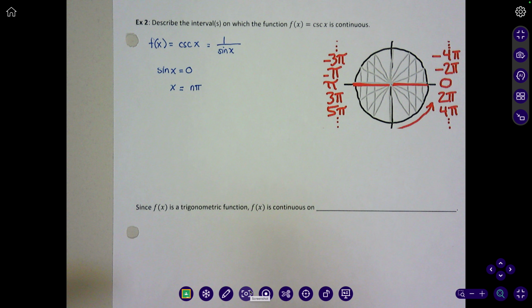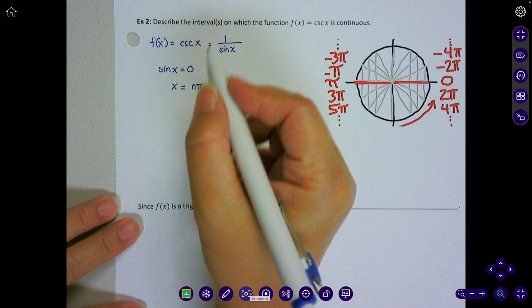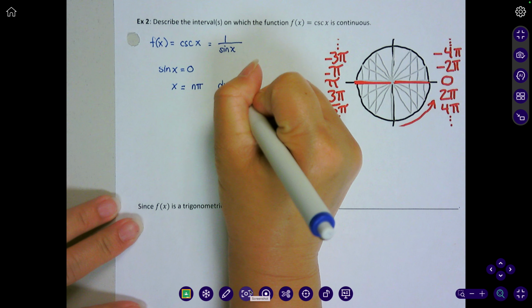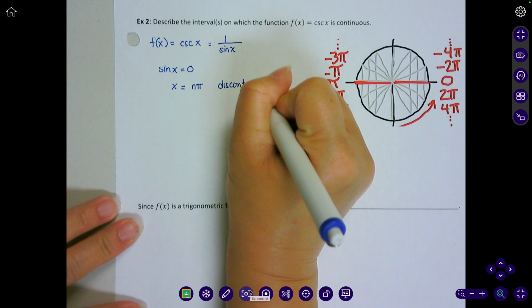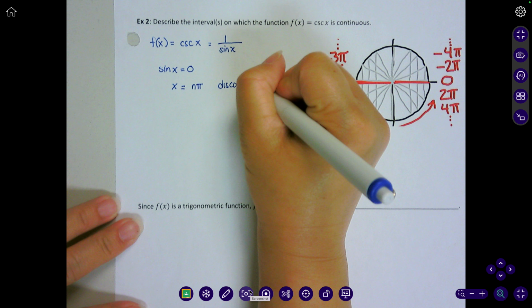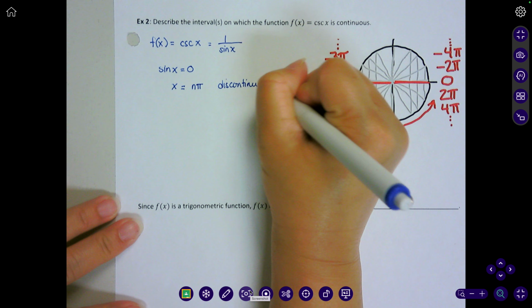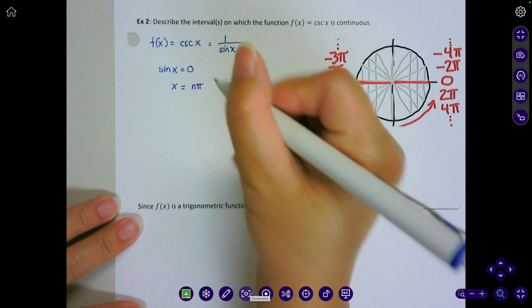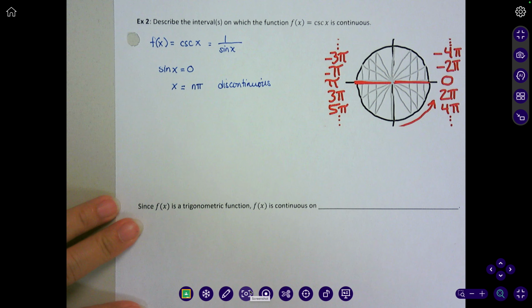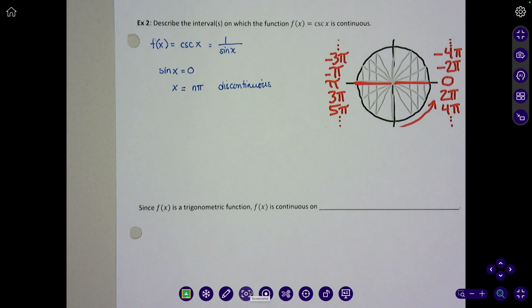Are we good? Yeah? So then I know that my function is discontinuous at these locations. Now, what kind of discontinuity? It would be infinite discontinuity. Is that good?